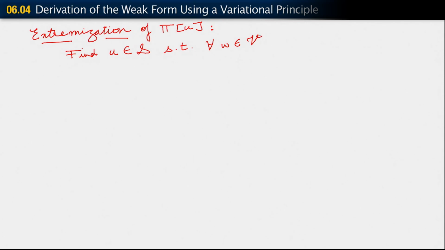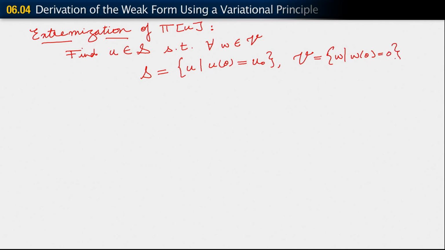right, and recall that S consists of U such that U at 0 equals U naught, and V consists of W such that W of 0 equals 0.